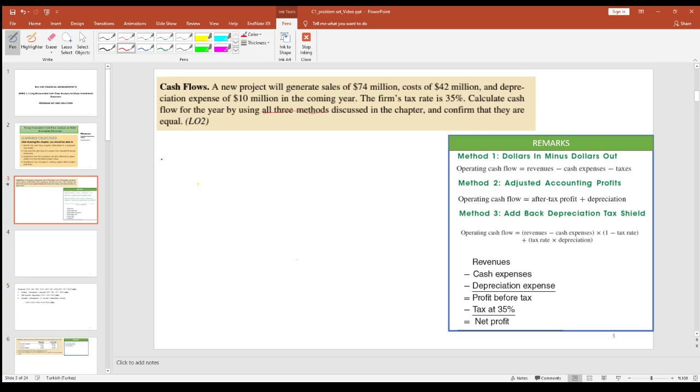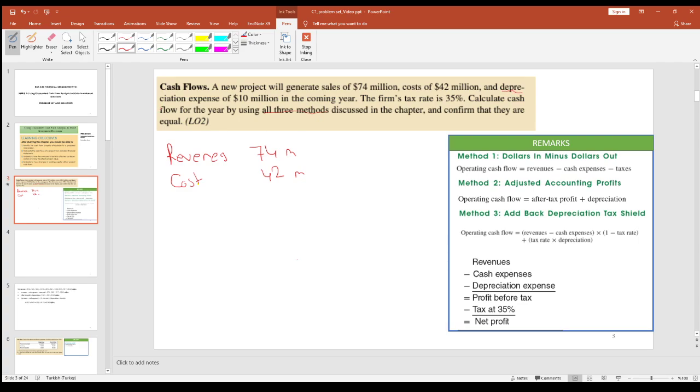Let me prepare the income statement for you. Revenue, in this case, is 74 million. Cost, I will simplify by the term cost here, is 42 million dollars. Do I have any other cost? Yes, I do, which is depreciation.